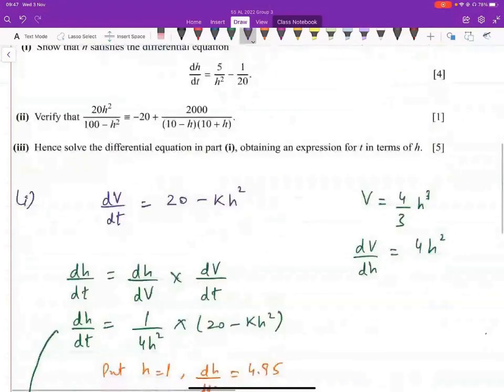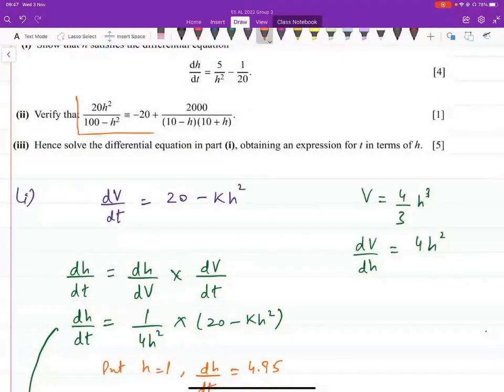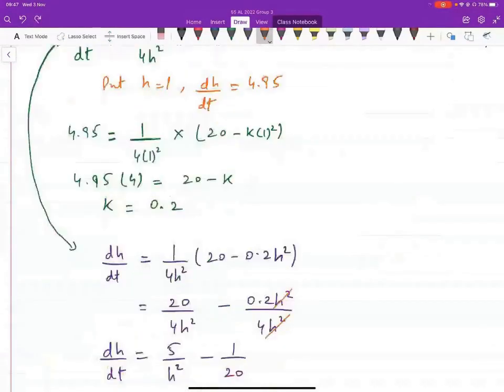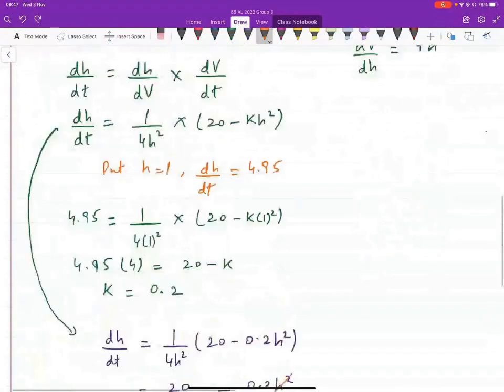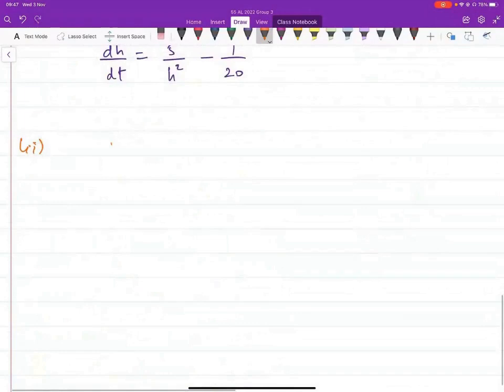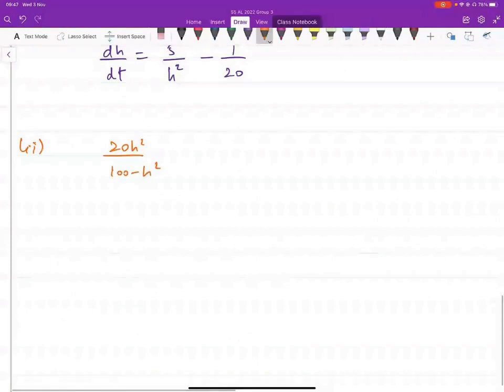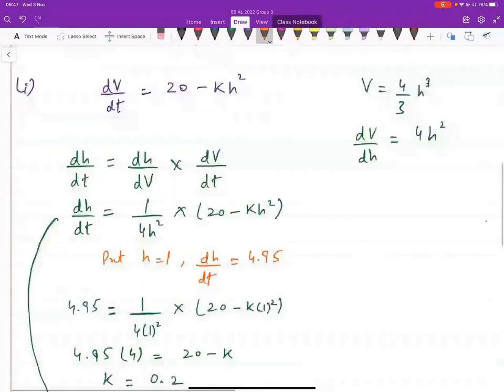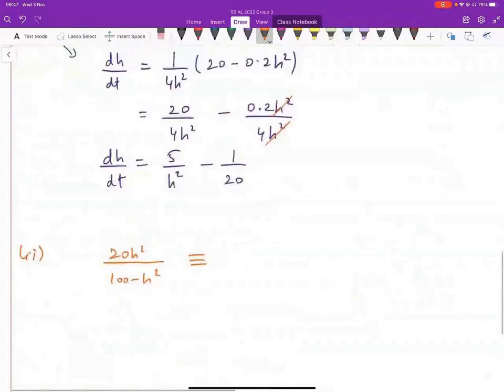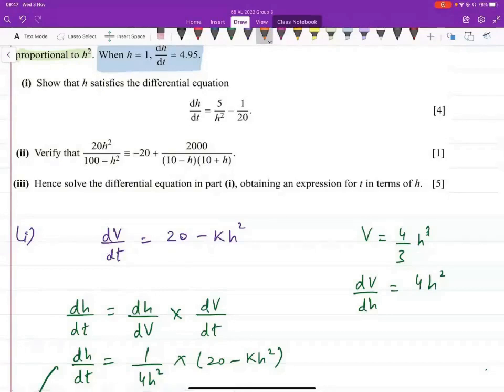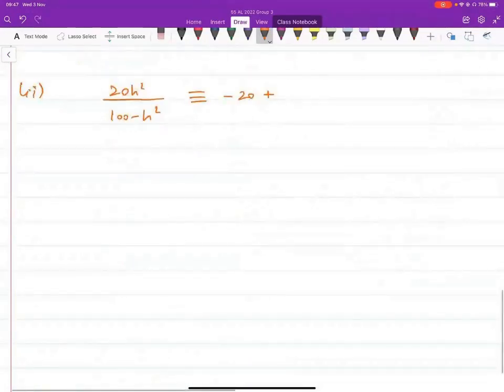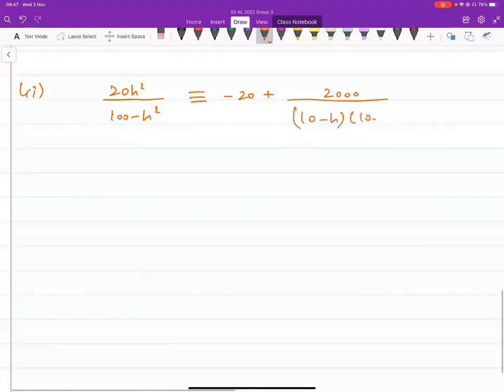In the second part, it says verify that 20 h square over 100 minus h square is equivalent to minus 20 plus 2000 over 10 minus h into 10 plus h.